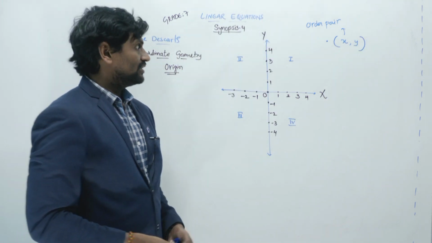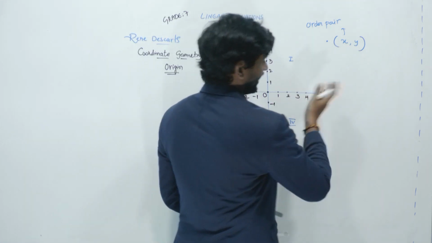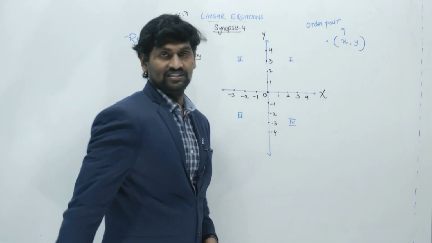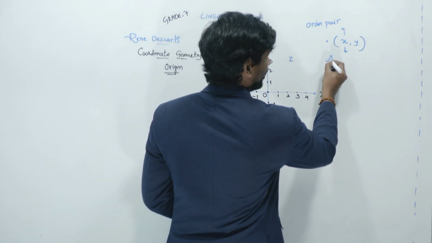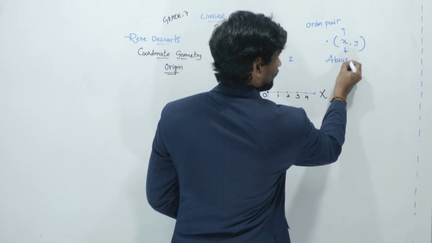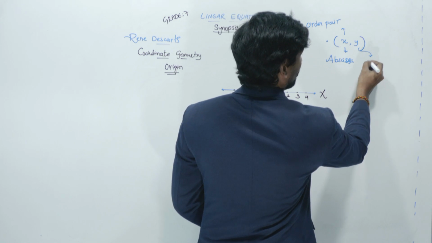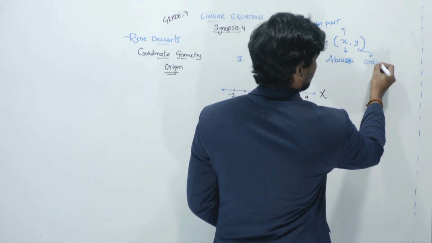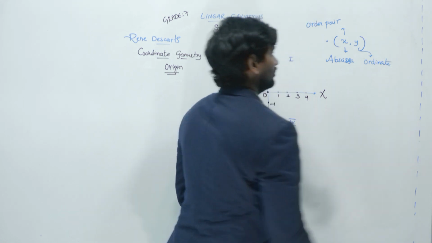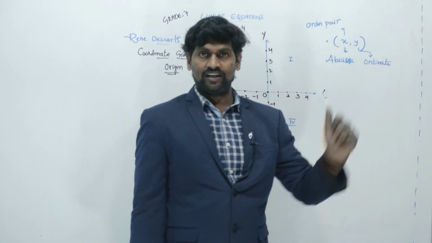This is the ordered pair, the combination of the x value on the x-axis and the y value on the y-axis. The first one, x, is called the x coordinate or abscissa. The y value is called the y coordinate or ordinate.